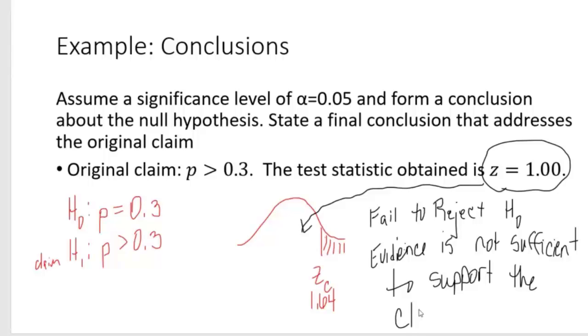So we may say it's not sufficient to support something, it is sufficient to support something, it's not sufficient to reject it, it is sufficient to reject it, but whatever the it is has to do with the claim. So evidence is not sufficient to support the claim that the true proportion is greater than 0.3.